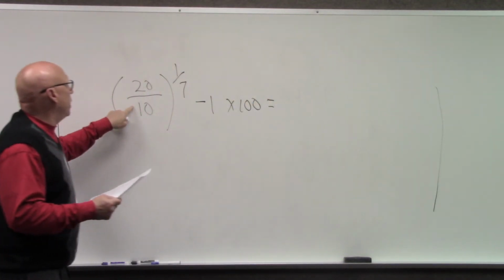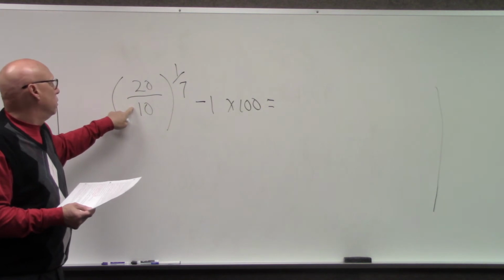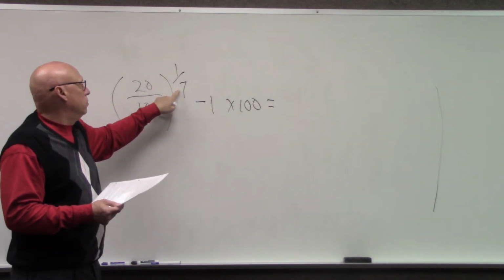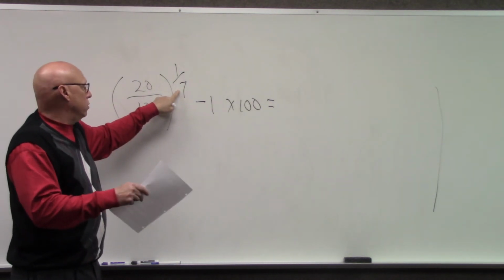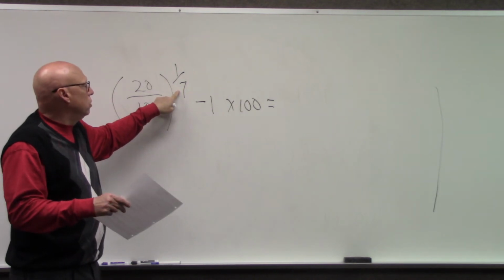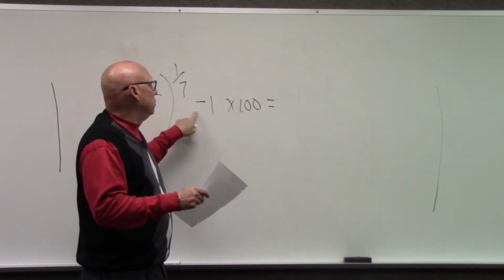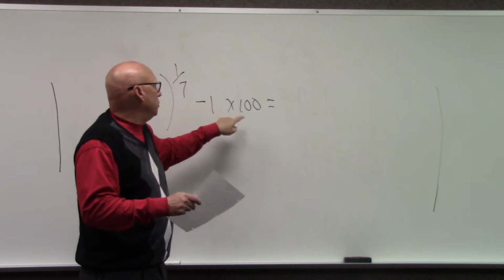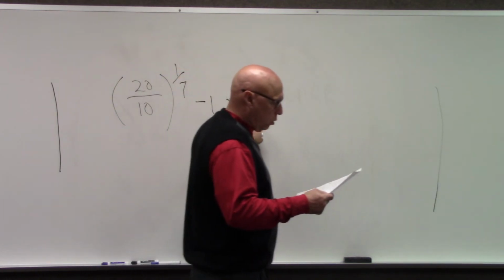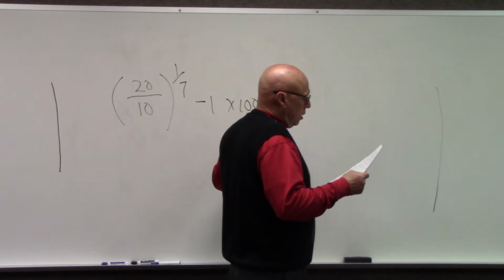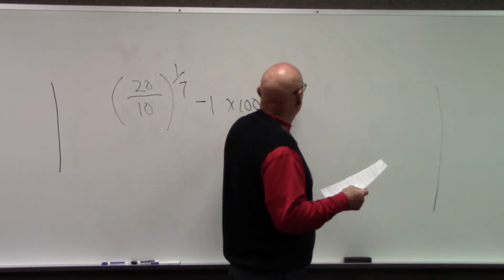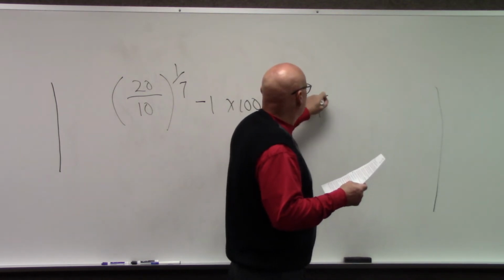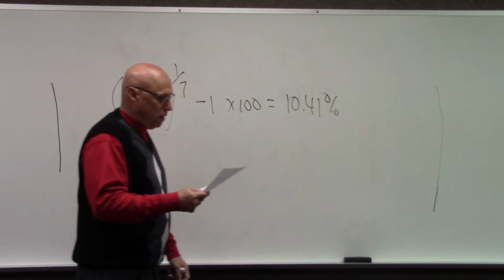So 20 divided by 10 equals yx 7, 1 over x equals minus 1 equals times 100 equals 10.41%. All right.